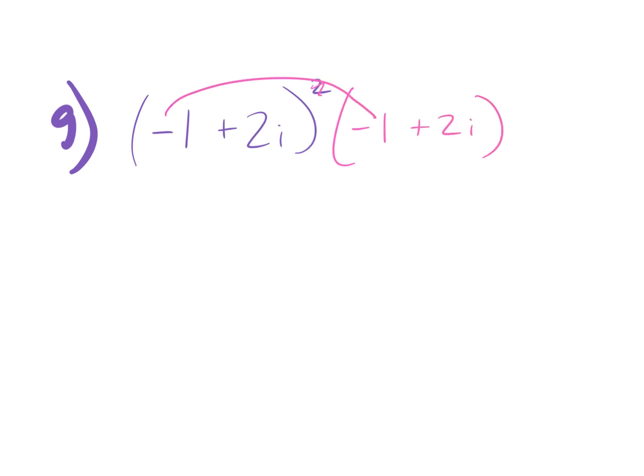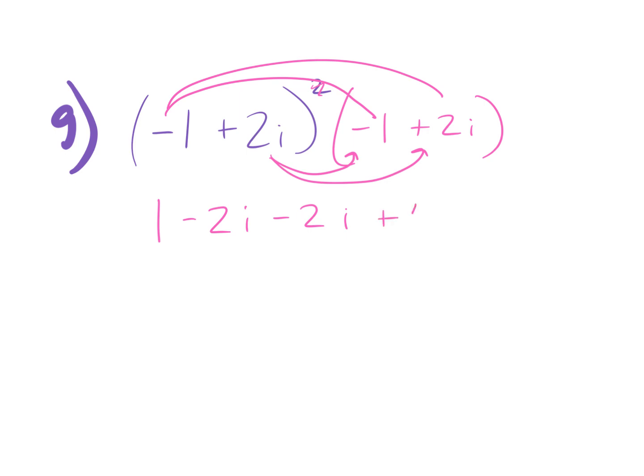Now we can FOIL. Negative 1 times negative 1 is positive 1. Negative 1 times 2i. Negative 2i. 2i times negative 1. Negative 2i. And 2i times 2i. 4i squared. What do we do next? Change the i squared to be negative 1, which makes it a negative 4.